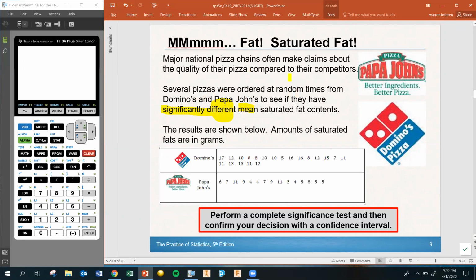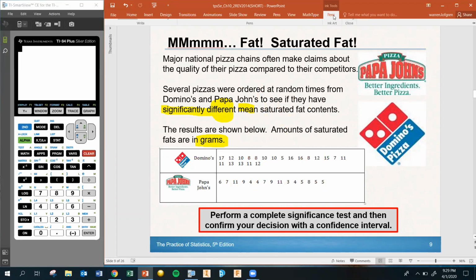So we're talking about the difference of two means, the mean fat in Domino's compared to the mean fat in Papa John's. And in this problem, we actually have the amount of fat that was in the different pizzas ordered from Domino's and the amount of fat that was in the pizzas ordered at Papa John's. And we're measuring fat here in grams.